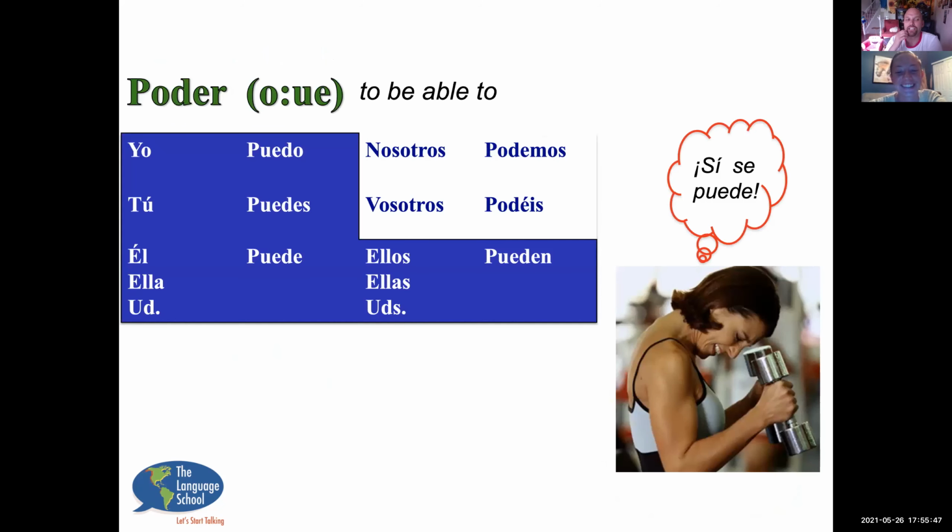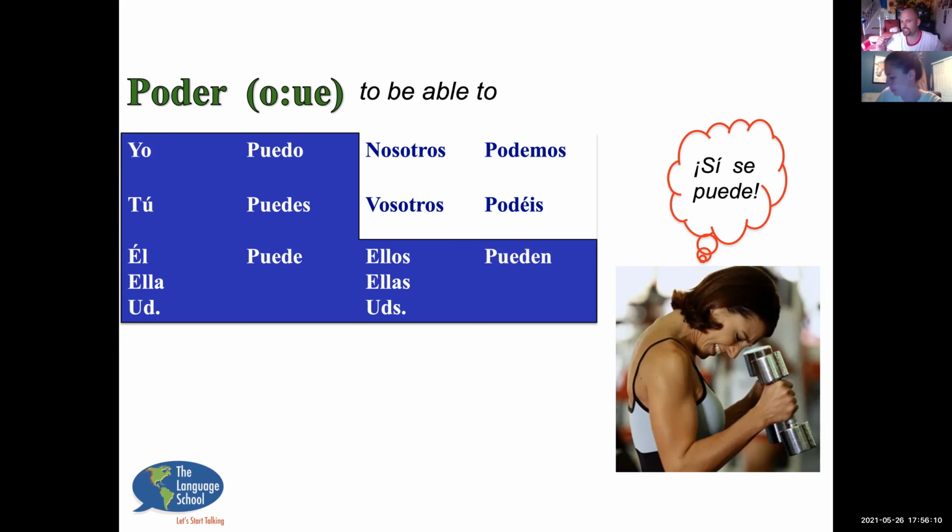Está bien. Okay, so then the third type of stem changing verb is where the O changes to UE, and there can be verbs where a U changes to UE. So one is poder, to be able to. For example, yo puedo, tú puedes, él puede, ella puede, usted puede, nosotros podemos, ellos pueden.